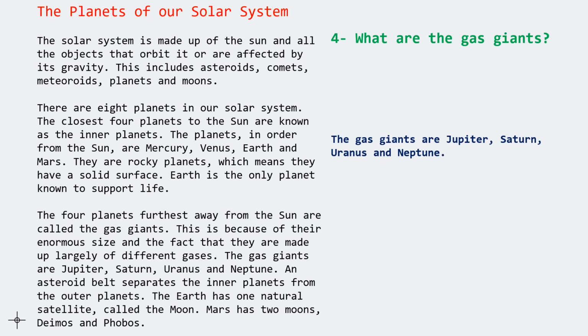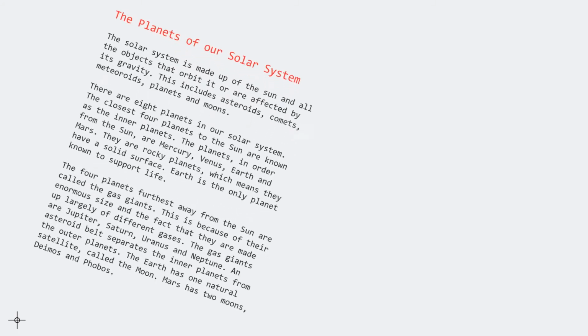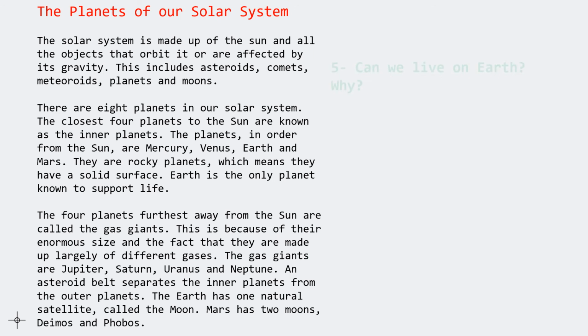Our next question on the same passage. It's a yes/no question. Can we live on Earth and why? Earth is mentioned in paragraph 2, because Earth is one of the inner planets.